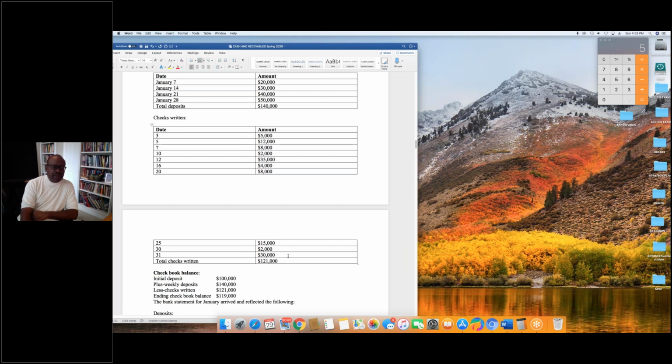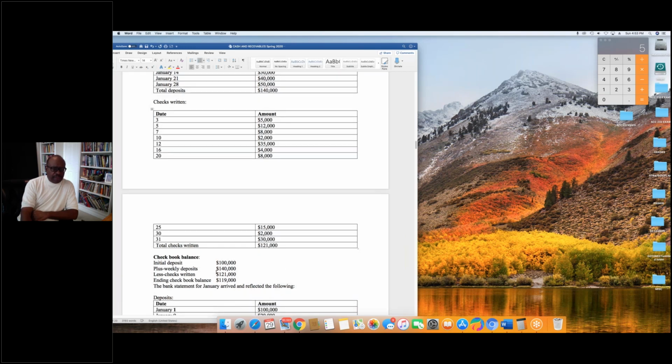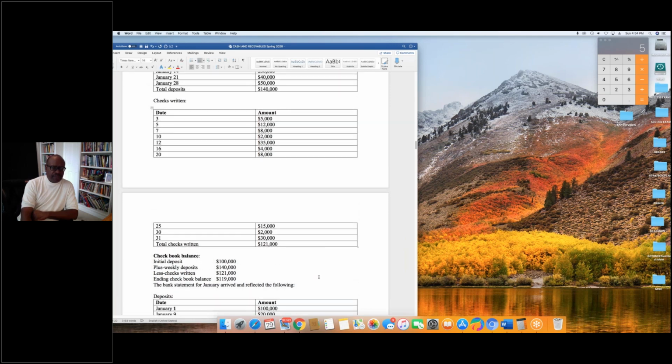So the total checks written were $121,000. For our checkbook, we showed an initial deposit of $100,000, weekly deposits of $140, and checks written of $121. So the ending checkbook balance that we had was $119. The bank statement comes and it shows the following.